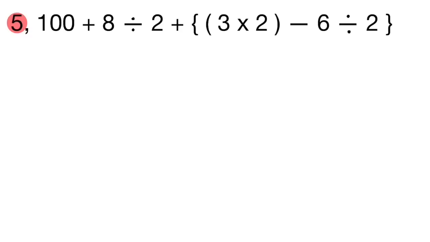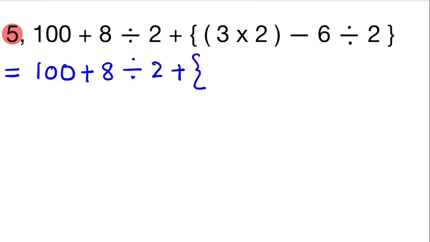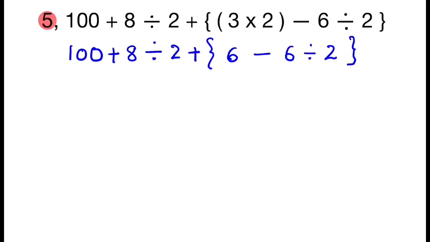Fifth problem. The innermost bracket of this problem is parenthesis. So we remove parenthesis first. 3 times 2 is 6. So 6 minus 6 divided by 2. Next we remove curly brackets.